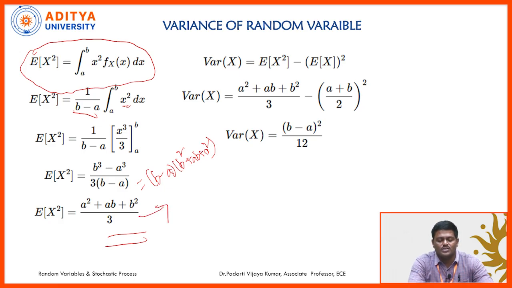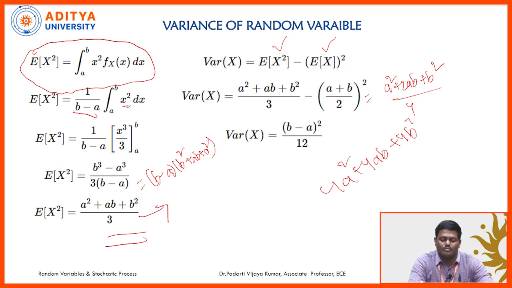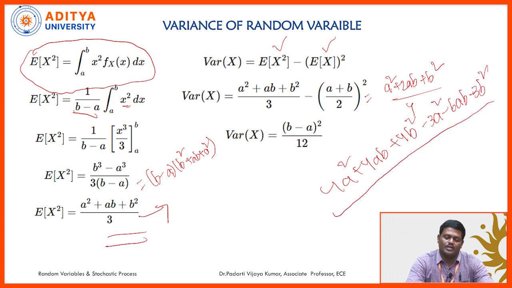So variance of x is equal to E of x square minus E of x whole square. So this is the result, and (a plus b) whole square by 4 means a square plus 2ab plus b square by 4. Taking the LCM, 4a square plus 4ab plus 4b square minus 3a square minus 6ab minus 3b square divided by 12.